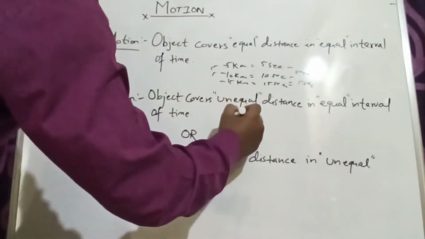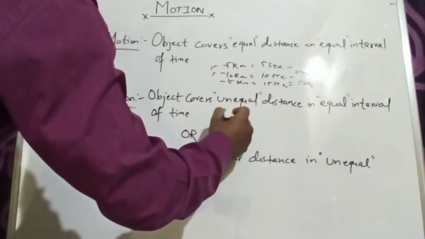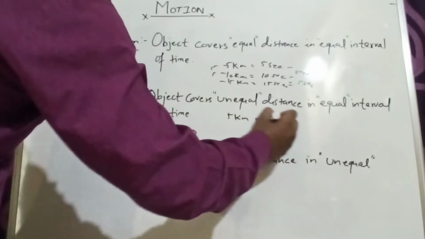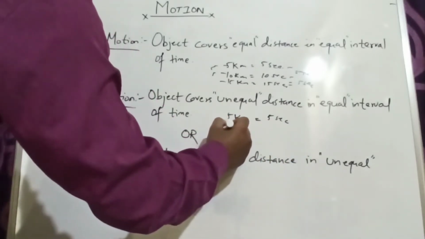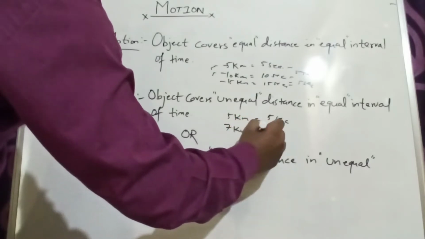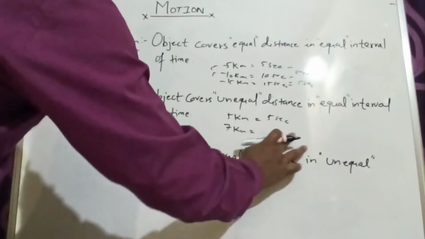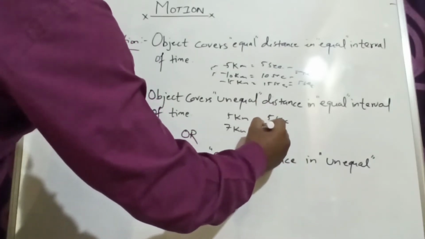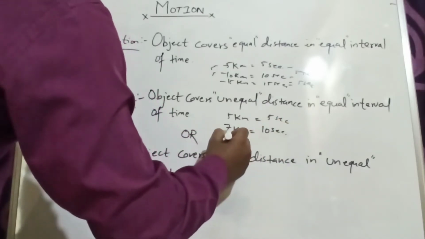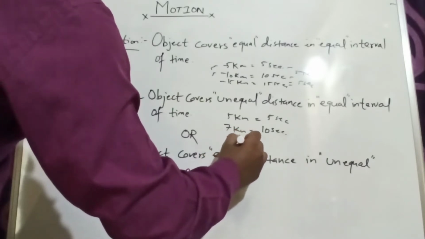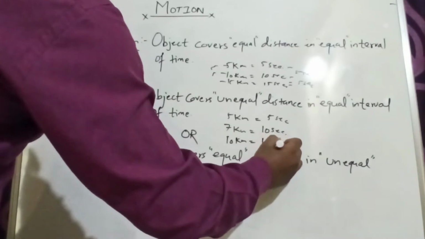For example, if an object is traveling 5 km in 5 seconds, 7 km in, sorry, put it here, 10 seconds, and this is say 10 km, and here it is 15 seconds.